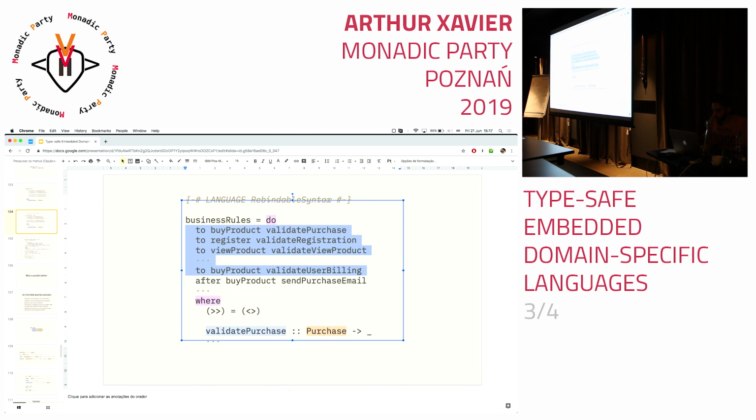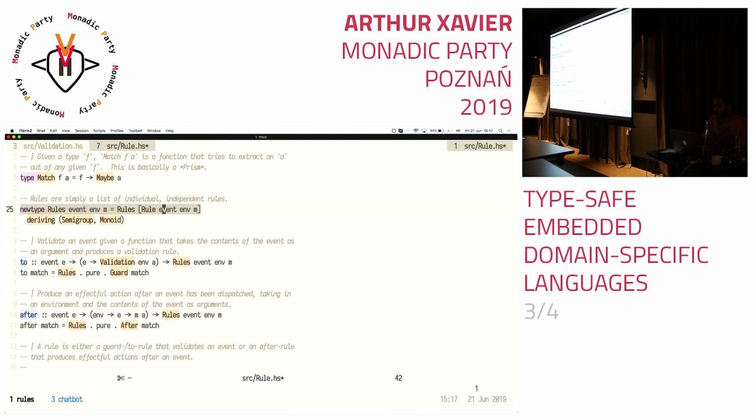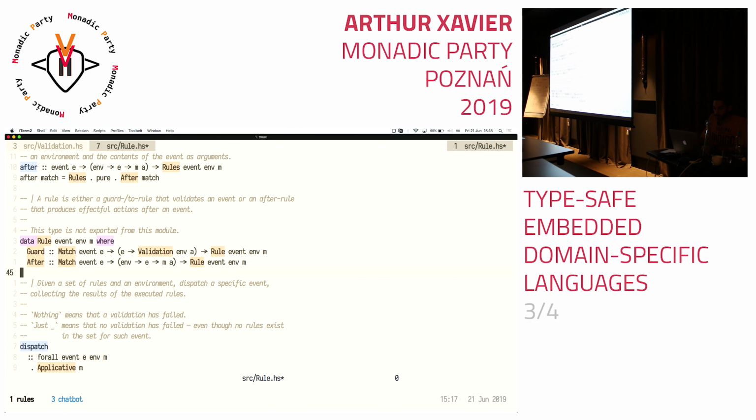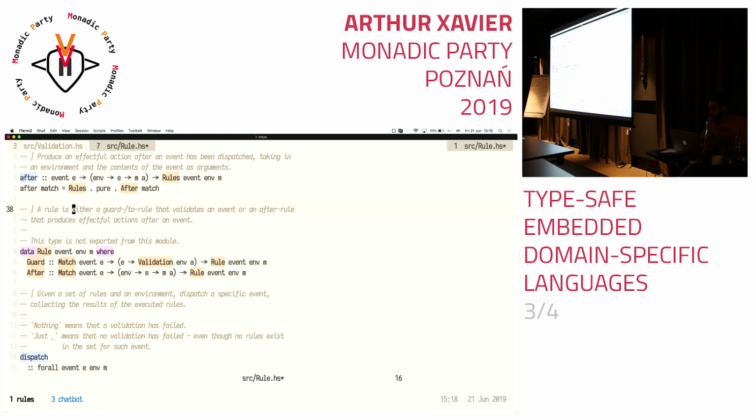As a monoid here, okay? But in order to represent each of those individual rules, like here I've defined rules to be just a list of individual rules, okay? We must be able to hide this E thing here in the types, and that's exactly what GADTs and existential data types are for, okay?